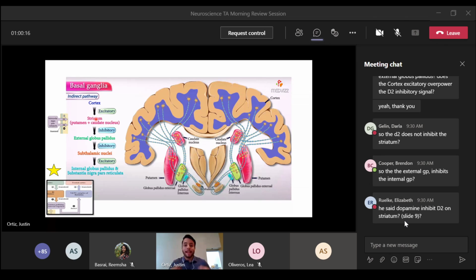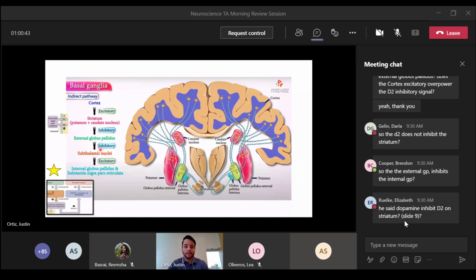When the striatum is activated, again, we're going to pound this home: the striatum is inhibitory. So the striatum is going to inhibit the globus pallidus externus. When the globus pallidus externus is inhibited, it will not be able to inhibit the subthalamic nuclei. So thus, the subthalamic nuclei is free to go, and typically the subthalamic nuclei excites.